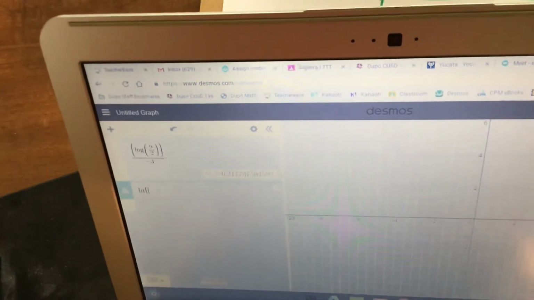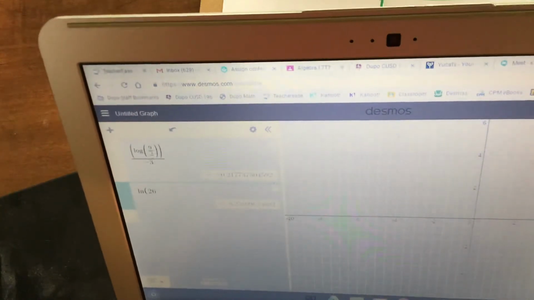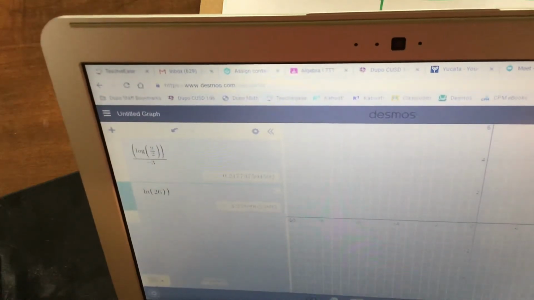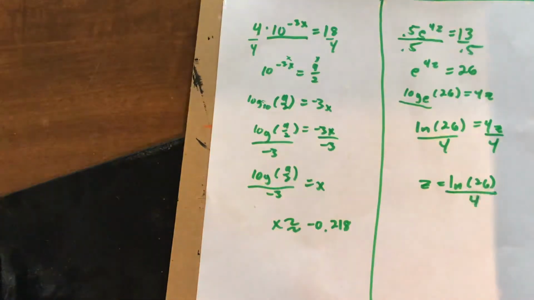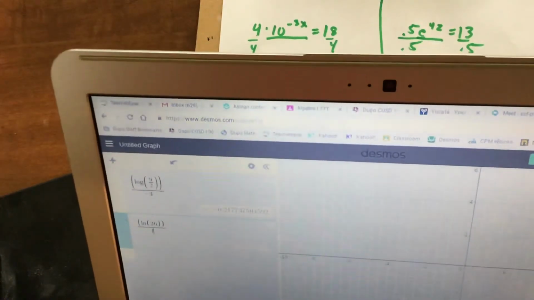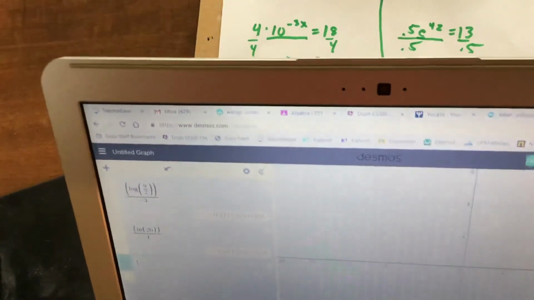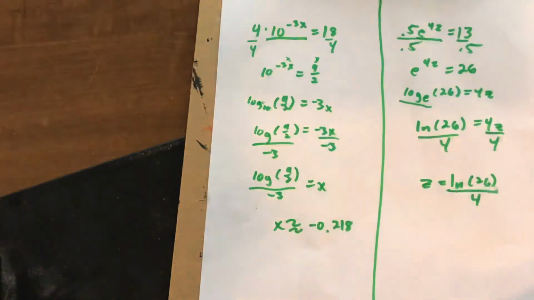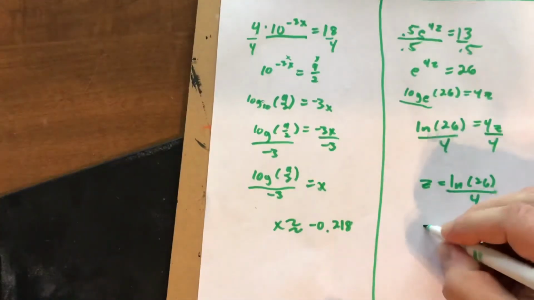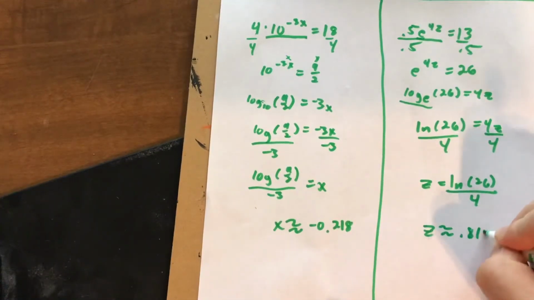We had 26, and then we're going to divide that whole thing by 4. And there we go. Looks like, to 3 decimal places, it would be about 0.815 if I round up. So z is approximately 0.815.